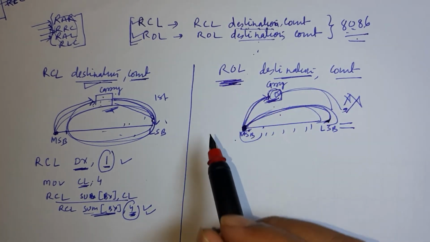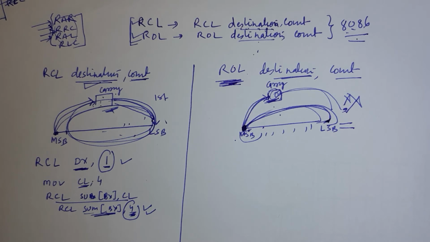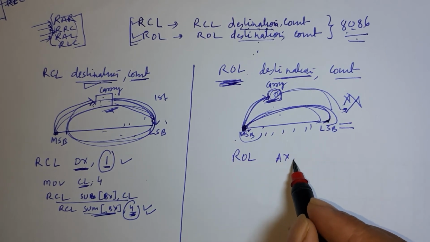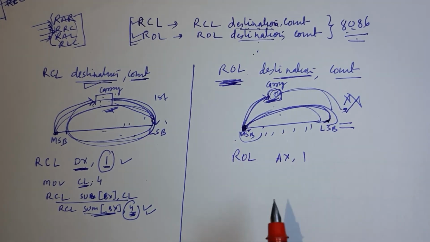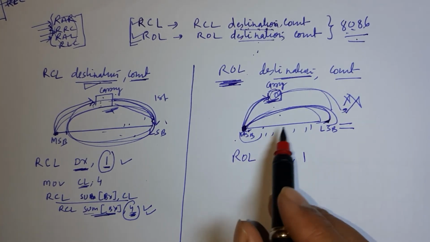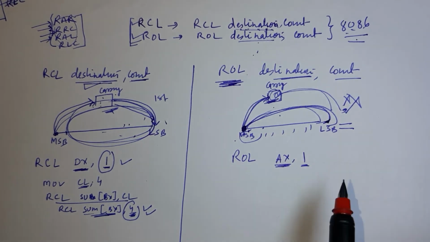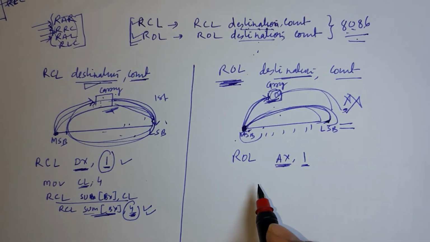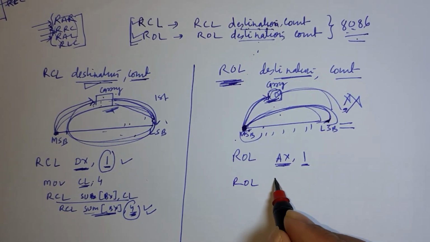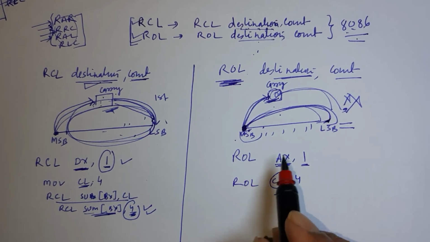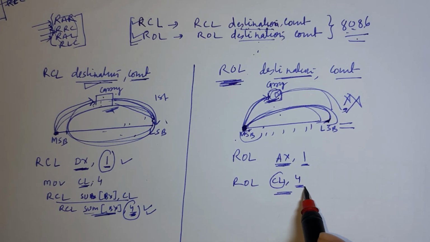Now taking some examples so you can easily understand how we represent it. ROL AX, 1. In this case the content of AX will rotate left once, means one time. And ROL CL, 4 means the content of CL will rotate left 4 times.